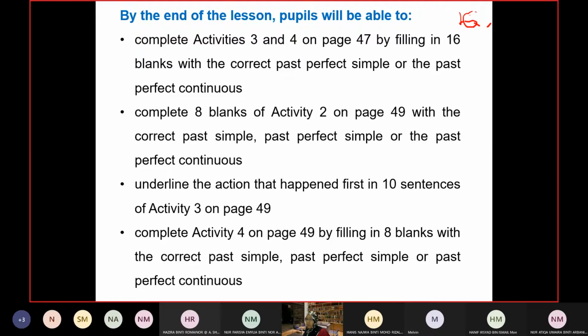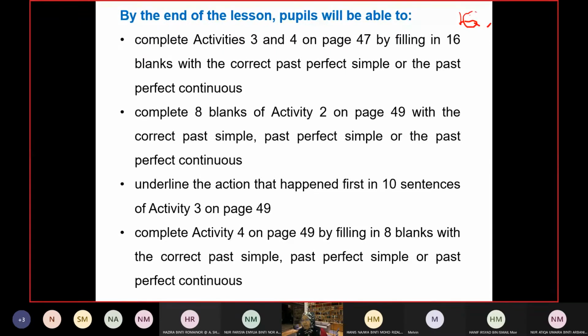Example, Lucy had made the curtains by lunchtime. So dia ada time frame dia sebelum lunchtime. So Lucy dah complete menyiapkan curtain. What is curtains? Langsir. So Lucy had made the curtains by lunchtime.